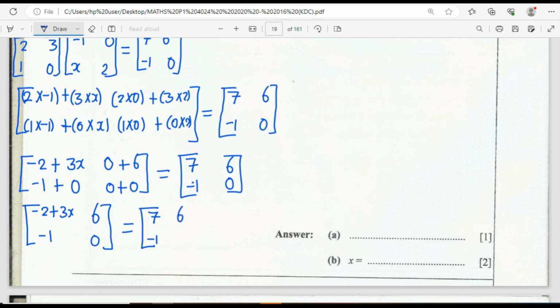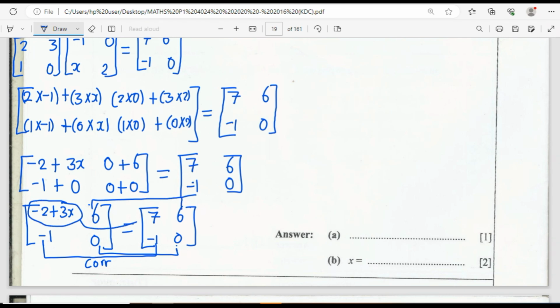Now, is this making sense? Yes, it's making sense. We can say that this number is equal to this number. We call these corresponding numbers. This 0 is equal to this. This 6 is equal to this. So whatever we have here must be equal to 7.